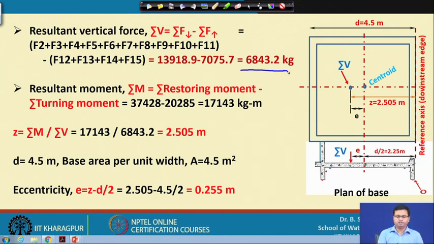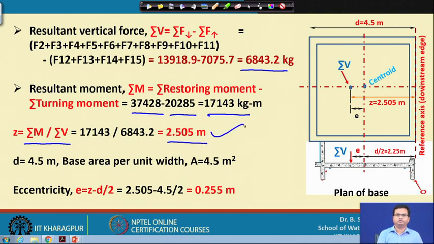The resultant moment sigma M will be equal to restoring moment minus sigma turning moment, that is 37428 minus 20285, equal to 17143 kg meter, that we have taken from the previous table. So, the Z value will be sigma M divided by sigma V, that is equal to 2.505 meter.